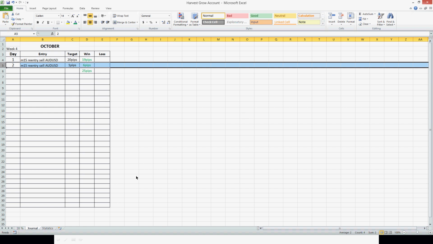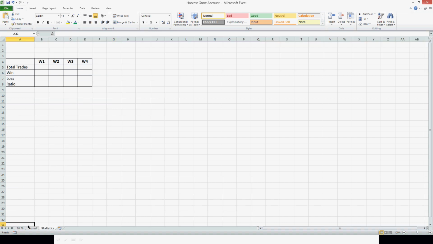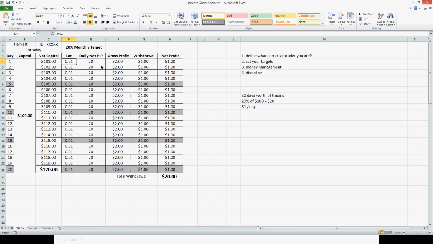Whenever it hits your stop loss, you're not pressured by having to lose that trade because you already locked your profit. That's the most important thing when it comes to trading and achieving your targets. So on a daily basis, let's say for the first day you already achieved $2.50, then obviously your withdrawal over here would be about $1.50.